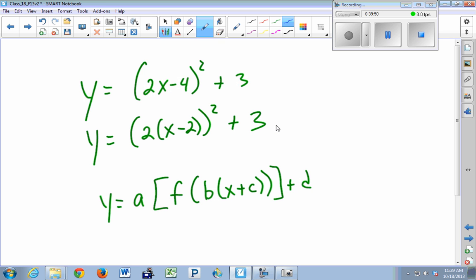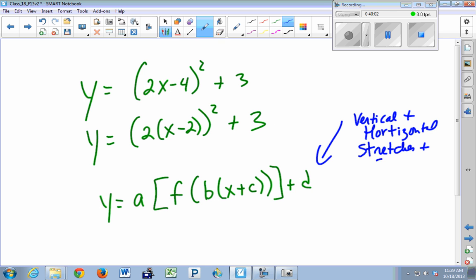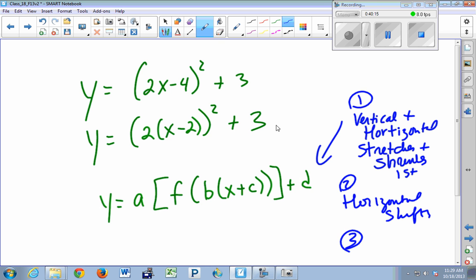So if it's in this form, you do vertical and horizontal stretches and shrinks first. Second is your horizontal shifts, and finally is your vertical shifts.